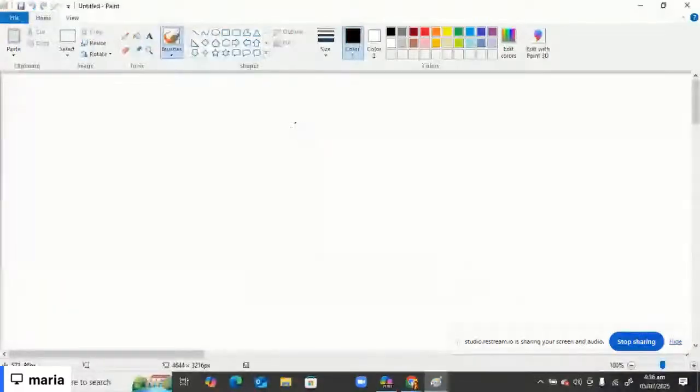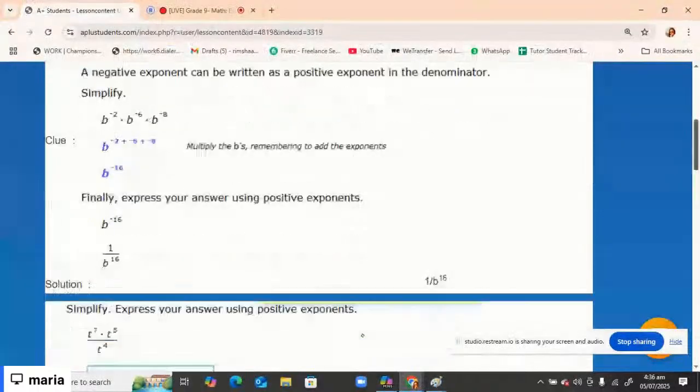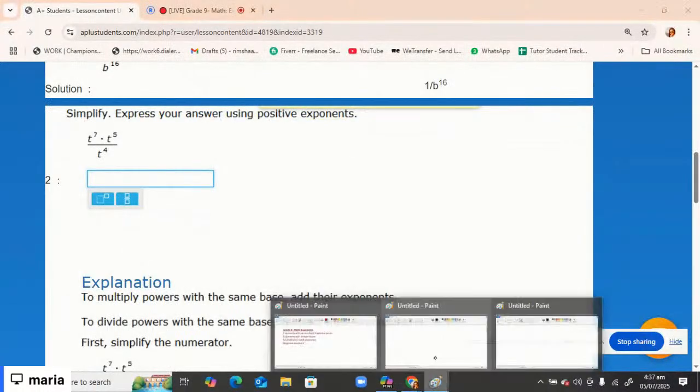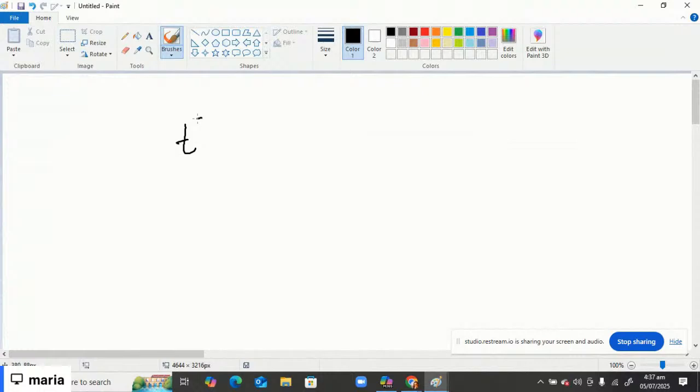So now let's discuss the next: t power 7 dot t power 5 over t power 4.